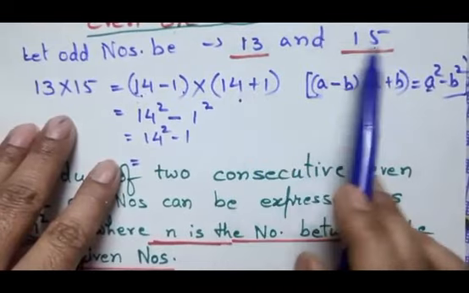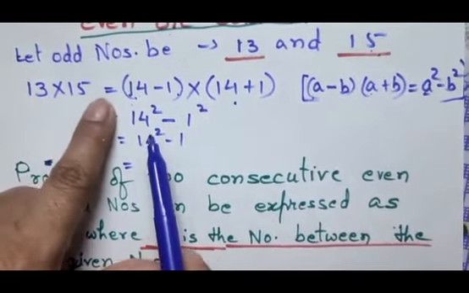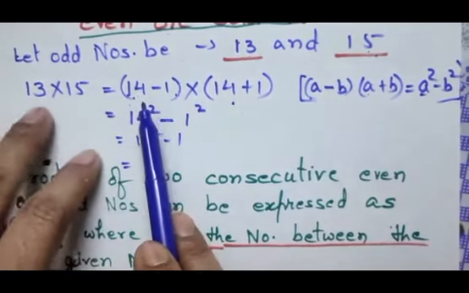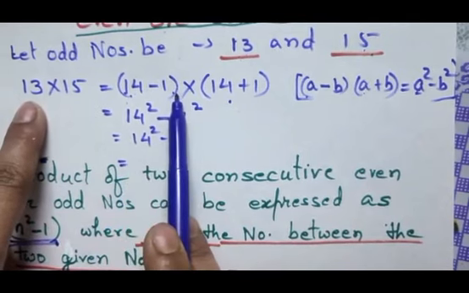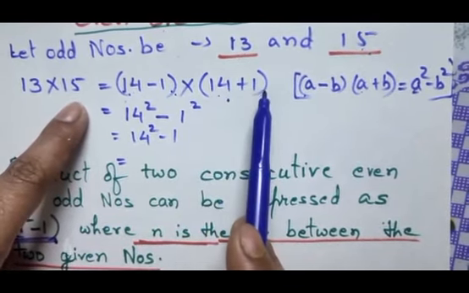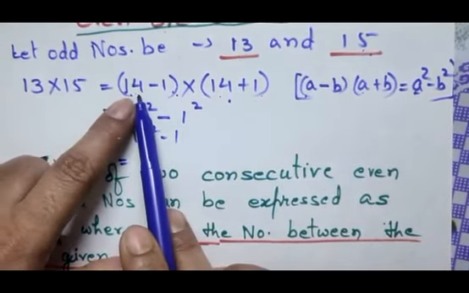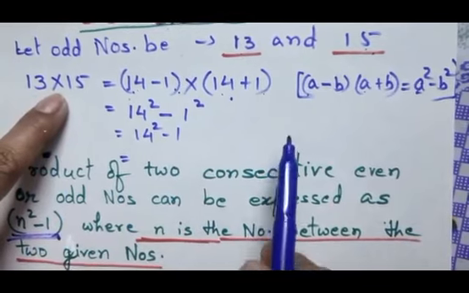They are consecutive odd numbers. When we multiply 13 into 15, 13 can be expressed as 14 minus 1 and 15 can be expressed as 14 plus 1. Whereas 14 is the number in between 13 and 15.